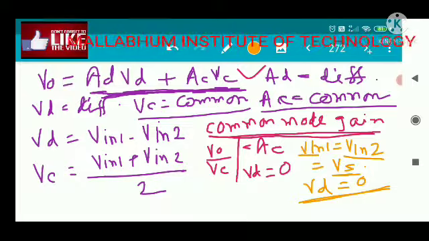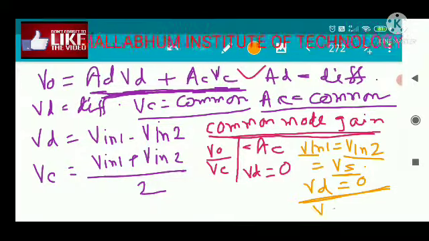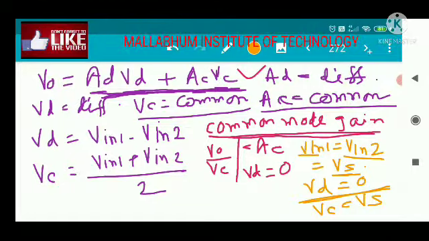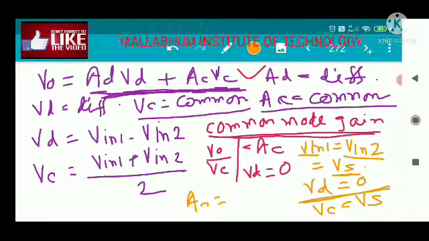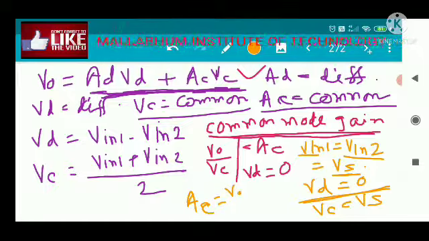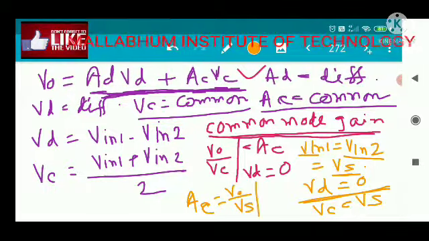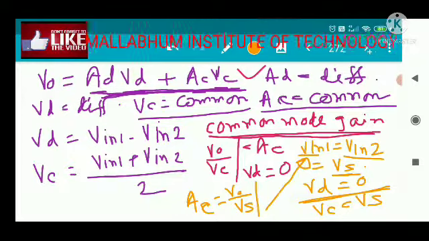So your VC is equal to nothing but your Vs, and AC comes out to be V0 divided by Vs.